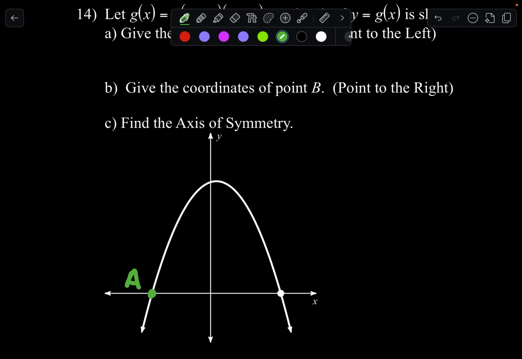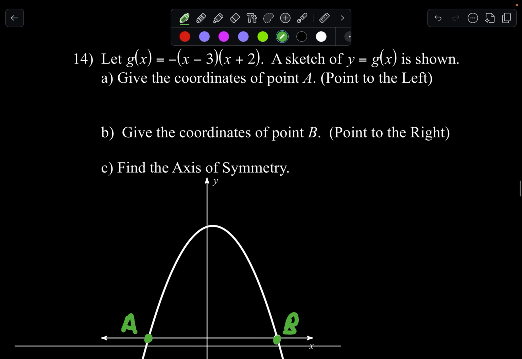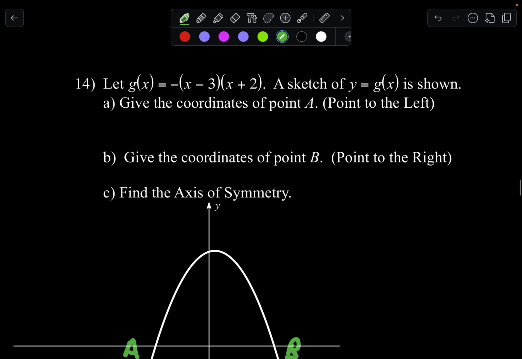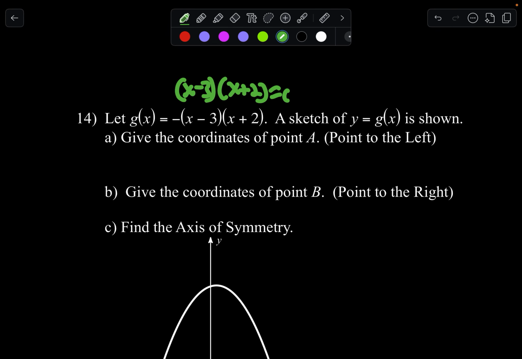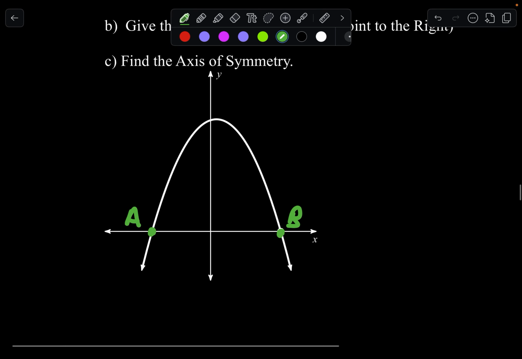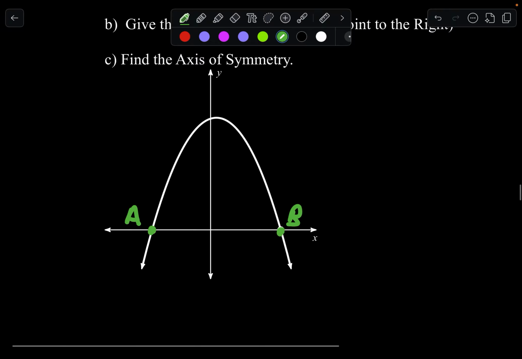That is point A. Then this must be point B. All right, so give coordinates of point A. Well, what they're asking you to do is solve this quadratic for when it's equal to 0. So you get 3 comma negative 2. So negative 2 is to the left, so this must be negative 2 and this must be 3.